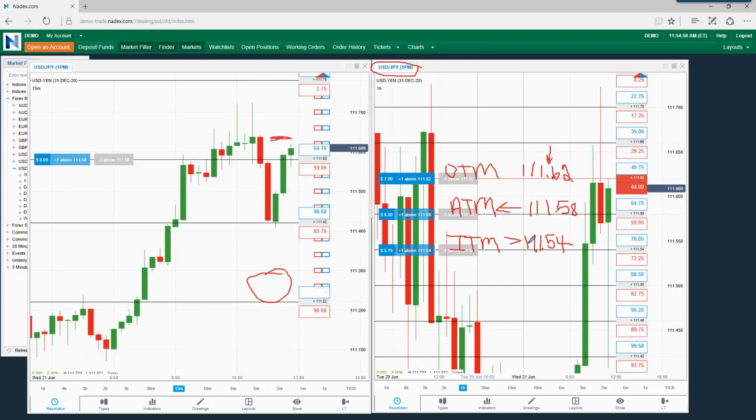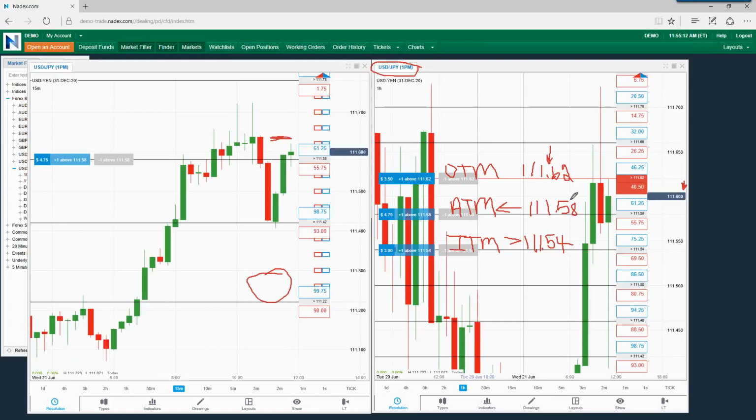It's not equal to, it is greater than. Notice over here, you have 111.611. See that extra digit there? That's what determines whether the binary is paid at expiration.